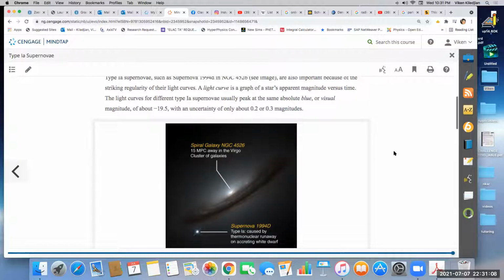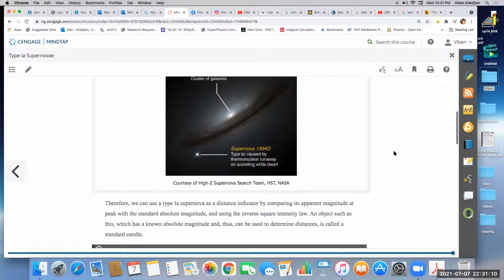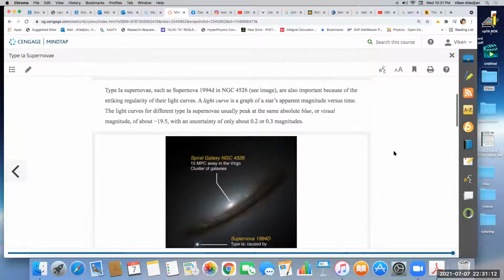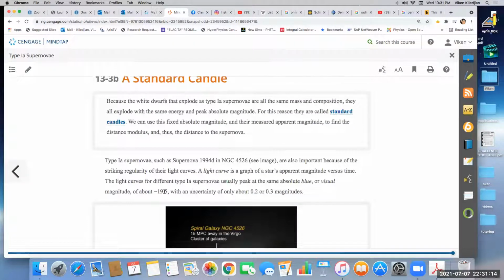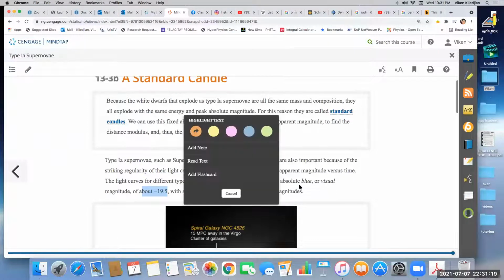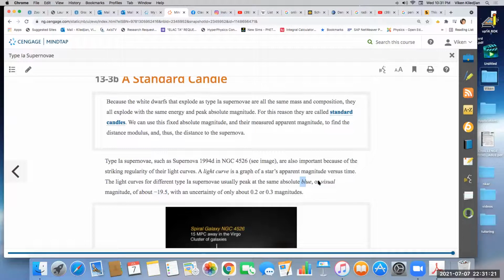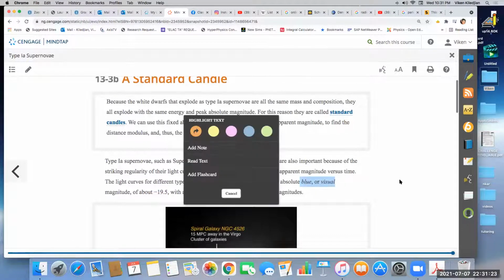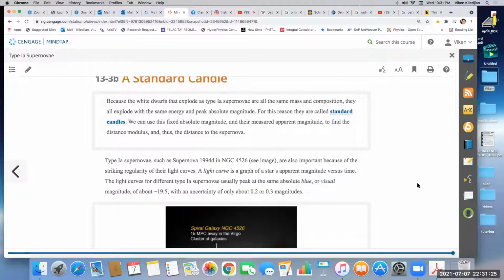So that means we expect the supernovae's absolute magnitude to be negative 19.5, looking through a blue filter, a blue or visual. Remember, that's the one we called the B-V color index, right?